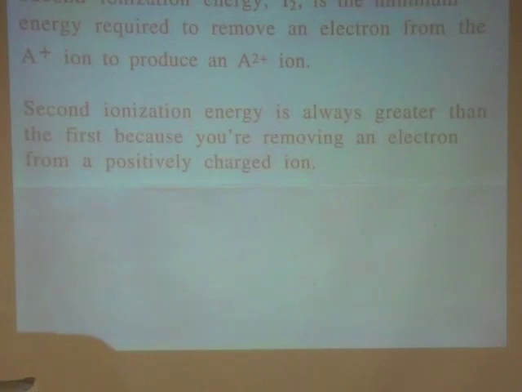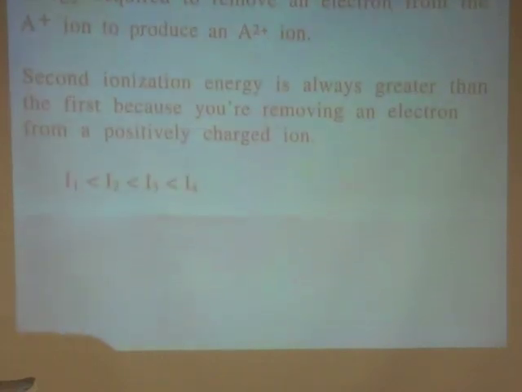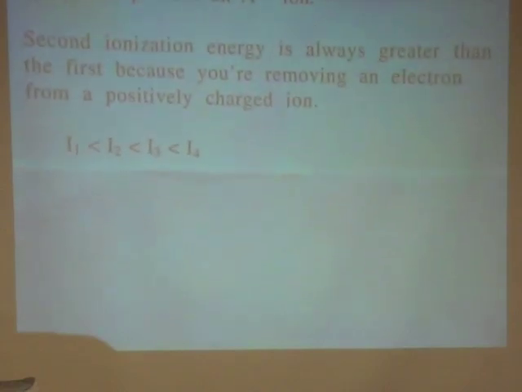Because as you begin to remove electrons, that nucleus's effective charge is getting greater and greater, because its positive charge is being distributed to fewer electrons, so it's pulling on them tighter and tighter. Okay, so this is how it goes.